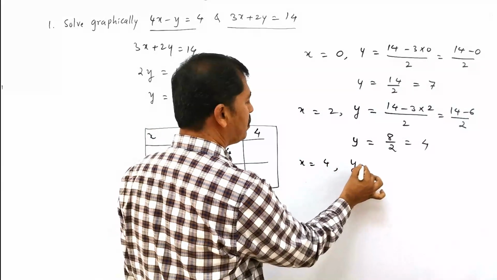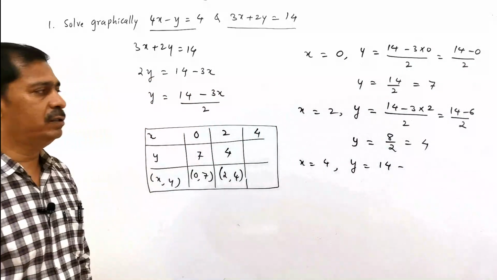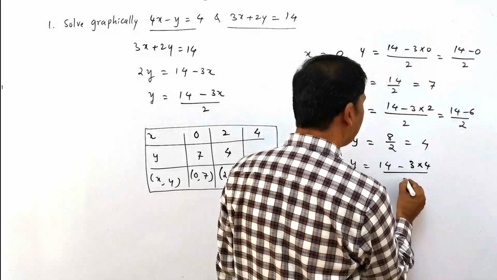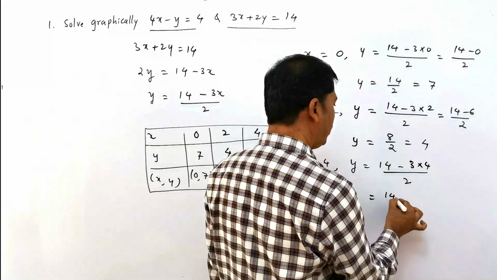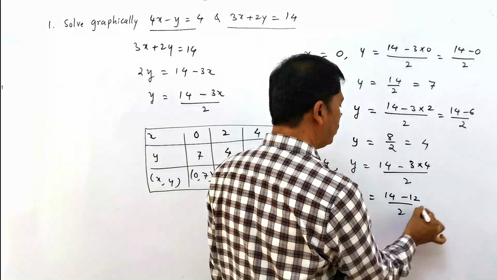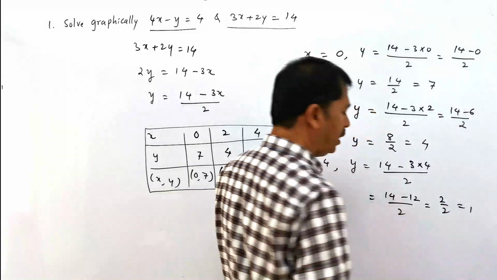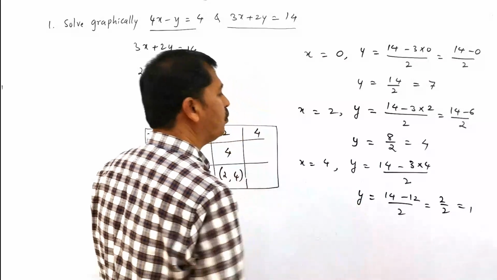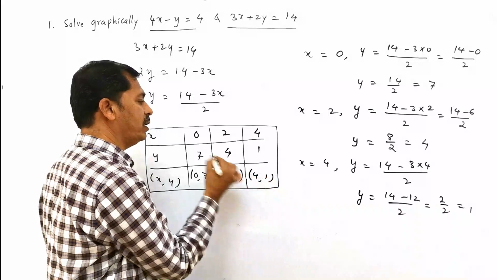So the value of y becomes 14 minus 3x divided by 2. 3 into 4, so this is nothing but 14 minus 12 divided by 2, which is equal to 2 by 2. So you are getting 1. So the value of y when x is equal to 4 is 1. So 4 comma 1 here.